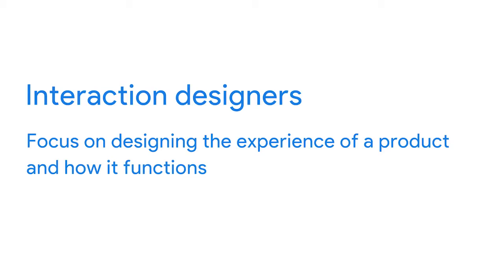Interaction designers, visual designers, and motion designers actually have pretty different jobs. Let me share a little bit more about each one of them and some considerations when searching for these job openings online. Interaction designers focus on designing the experience of a product and how it functions. They figure out how to connect the user's needs and the business goals with what's actually feasible to build.